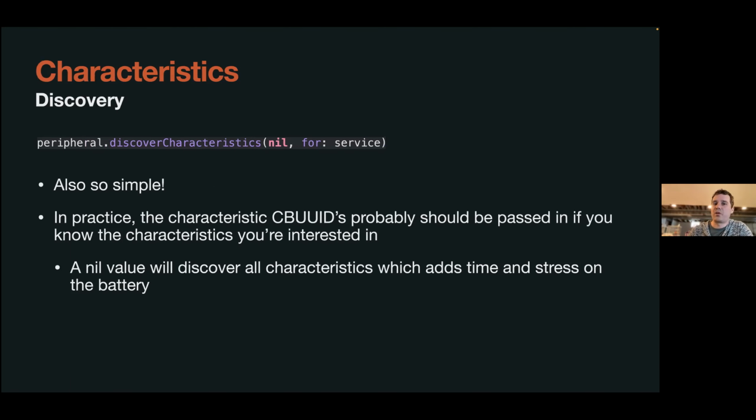Then the next thing you'll probably want to do is discover characteristics. Every time you get that callback about discovering a service, you'll probably want to say, hey, for this service, I also want to discover the characteristics. The pattern is very similar, and also quite simple. Same thing with characteristics: you can pass in an array of the identifiers, and Apple recommends that you do that because it saves battery life and time.